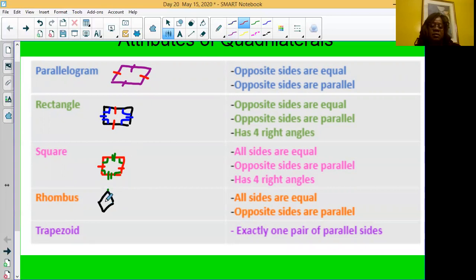This line here is parallel to this line right here. And this line here is parallel to this line here. So a rhombus has two sets of parallel lines. And I also know that all the sides are equal on a rhombus. Okay? And our last and final quadrilateral was the trapezoid.